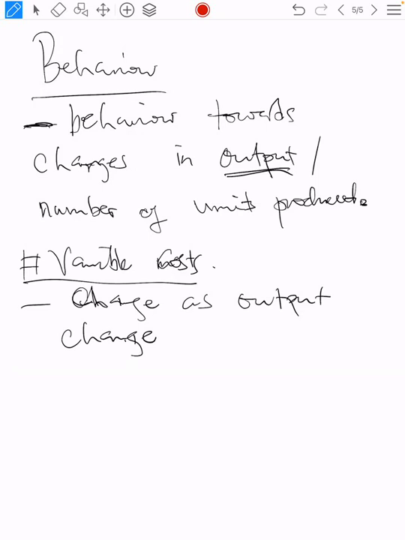Meaning that if you increase your number of units produced, these costs are going to increase. If you decrease the number of units produced, these costs are going to decrease. Hence, we call those costs variable costs. Are we together? Yes.